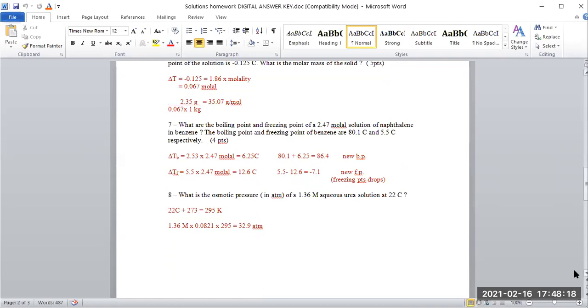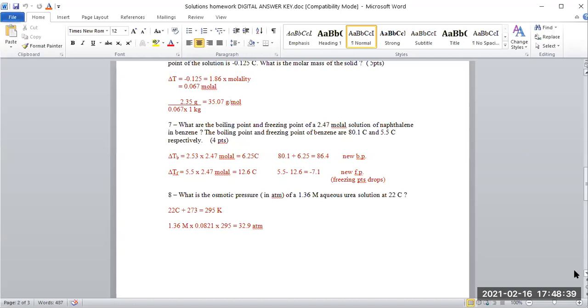Last main colligative property here. We've got osmotic pressure being looked for in atmospheres. You have a 1.36 molar solution with a 22 Celsius temperature. Pi equals MRT.